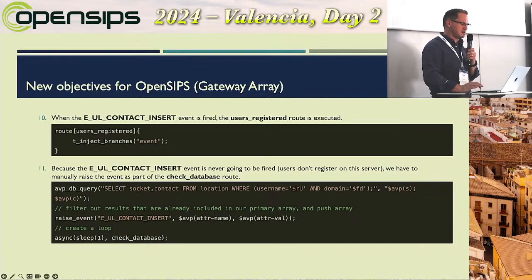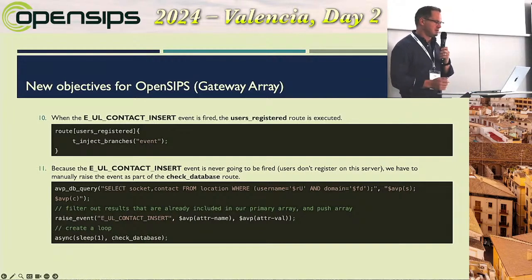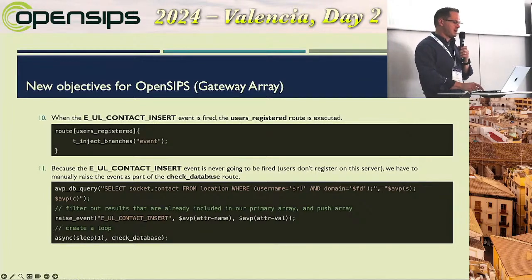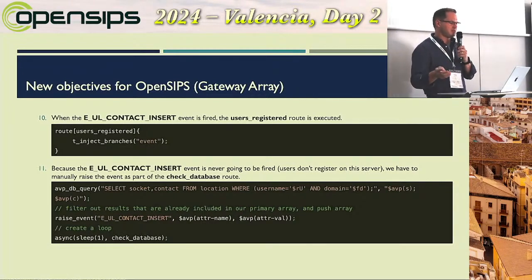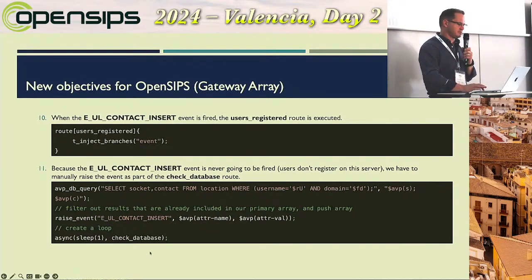And inside my check database route, this is where we actually are going to check our database. Using a standard query, we're just going to query our push table, our location table for new locations. So we obviously filter out all the people that are online or all those kind of things. These are only people that were recently pushed to.